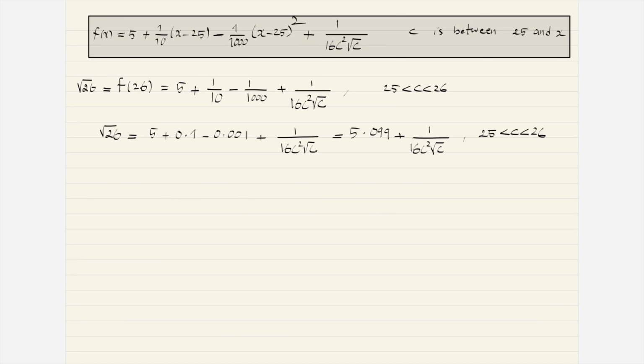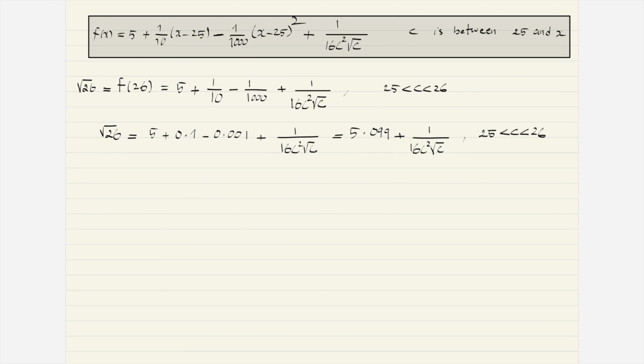Here, of course, c is a positive number, so this expression is positive. So what does it mean? It means that this approximation we made for the square root of 26 is less than the real value, because to reach the real value, I have to add a positive number to my approximation.